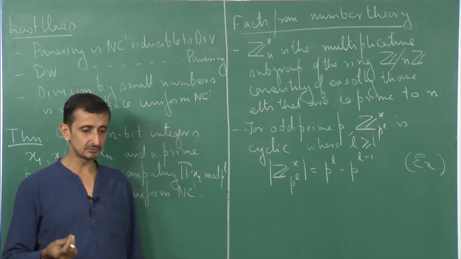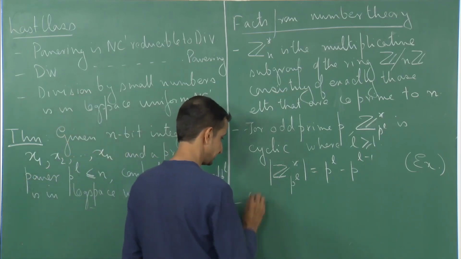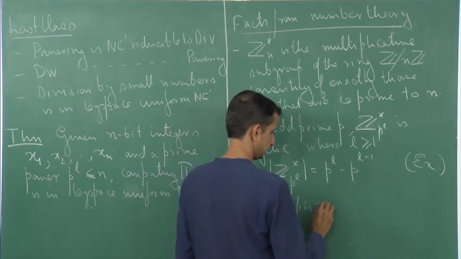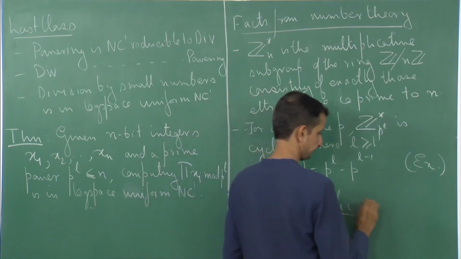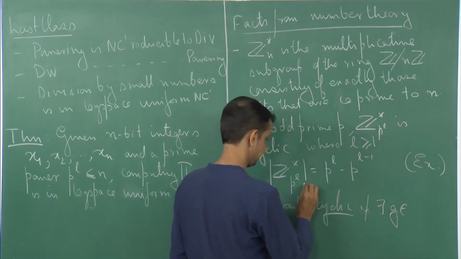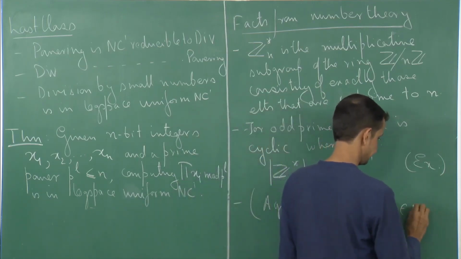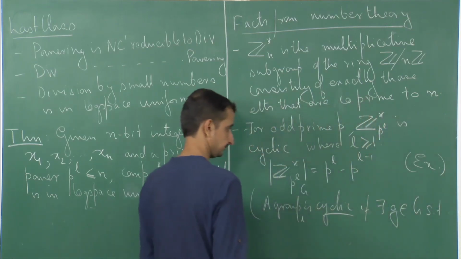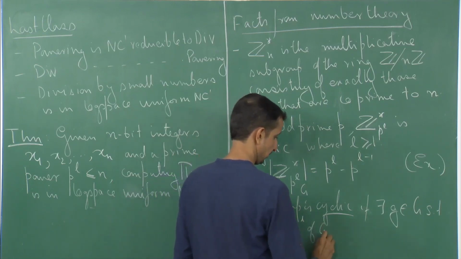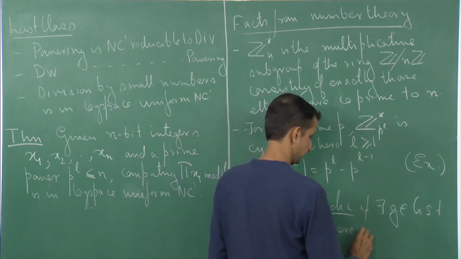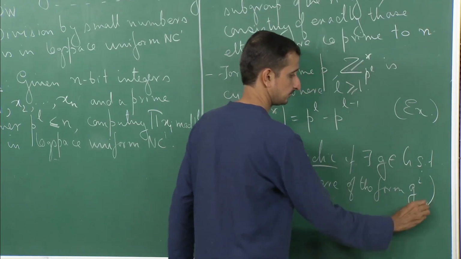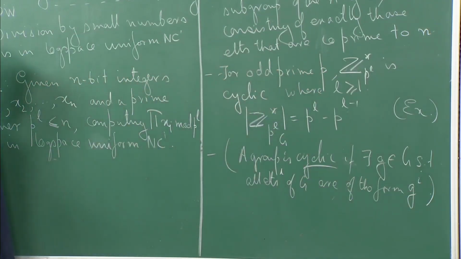So cyclic means that a group, let me give it a name, G, is cyclic if there exists an element g in G such that all elements of G are g to the power i for some i.